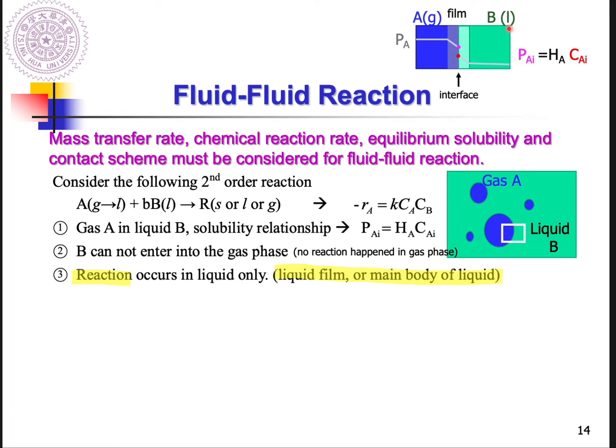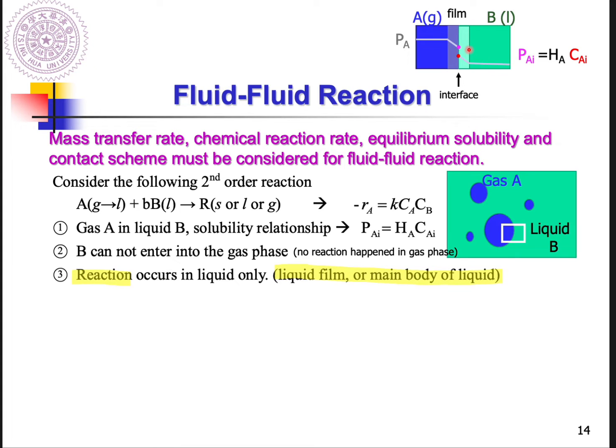This is very important. A fluid-fluid reaction is more complicated than the fluid-solid case we dealt with. Why? Because for the fluid-solid reaction, we confirm that the reaction can only happen on the surface of the solid, right? But here, things are more complicated because the chemical reaction can happen in the film layer or in the bulk liquid or both.